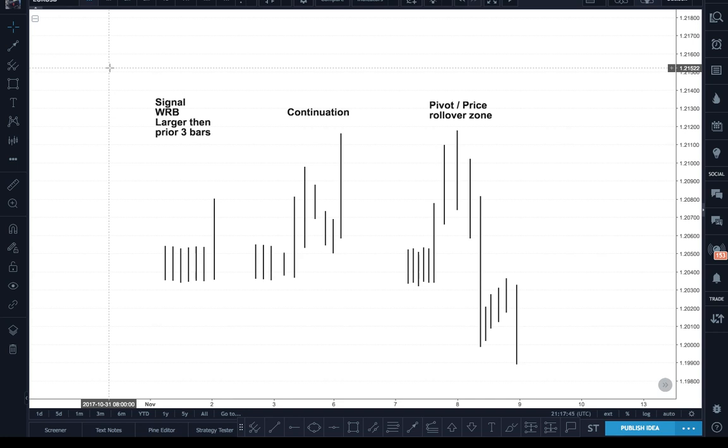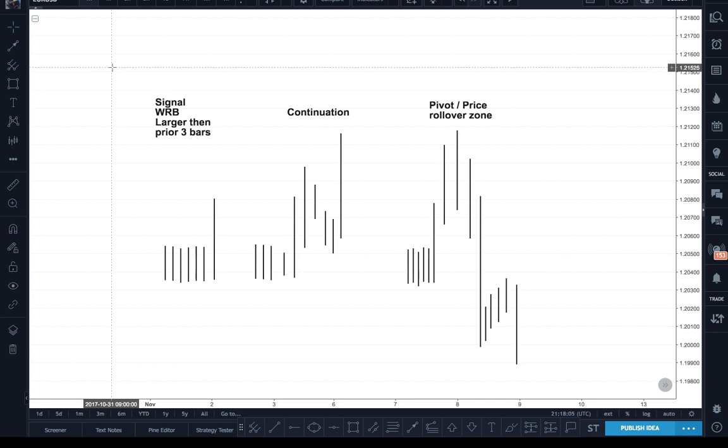Maybe a few one-lot traders, so they say, chasing price, but the whales that were contained below, that's where all their orders are, and price has a tendency of coming back to those levels.